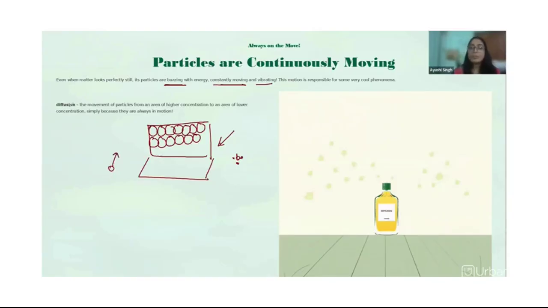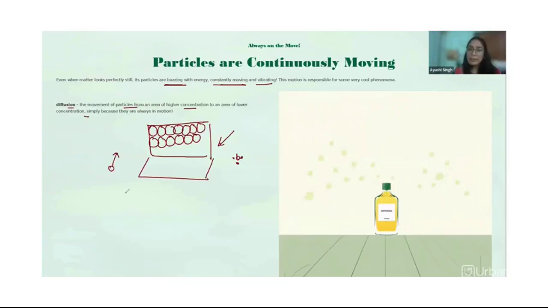So what exactly is diffusion? You have to learn a new term here. Diffusion is the movement of particles from an area of higher concentration to an area of lower concentration. For example, the smell of food or perfume. If you spray perfume, after a certain point your parents may say, you have put on a lot of deodorant, the smell is spreading everywhere in the room. Why?